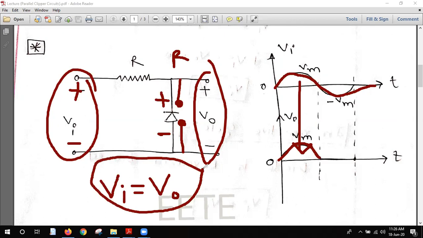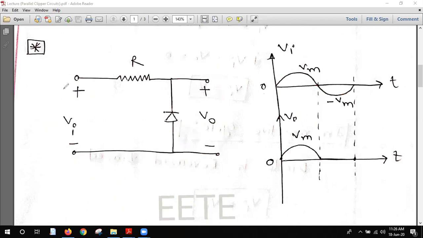Okay, my student, this is for the positive cycle, and what about the negative cycle? If you see that, this is minus, this is plus, and at that time this will be plus and this will be minus. So the diode will be forward biased, my student. When it is forward biased, it is just like a shorted line.